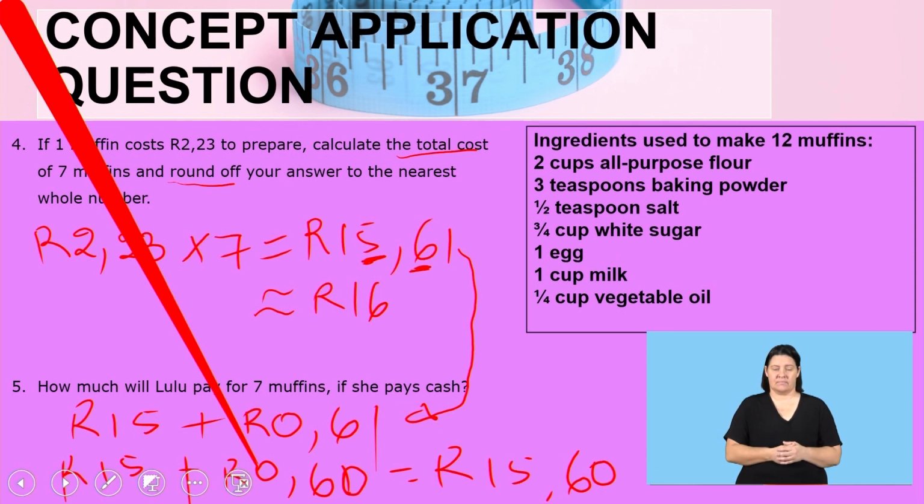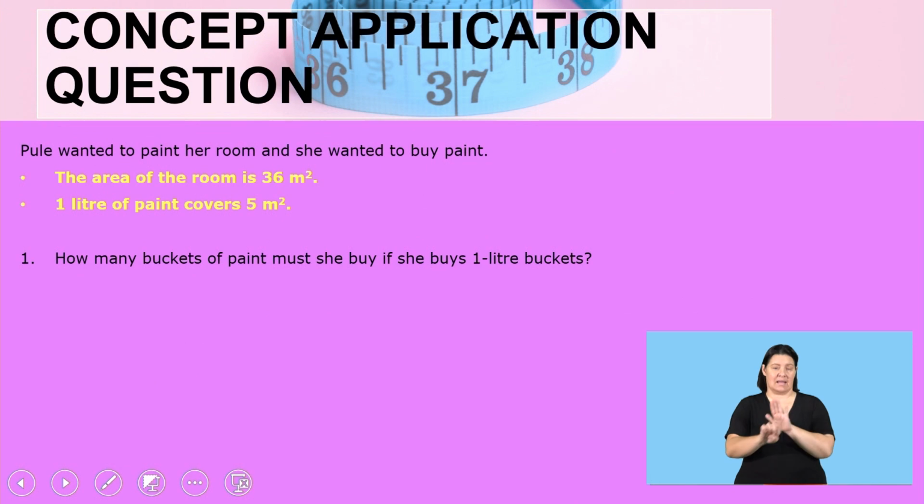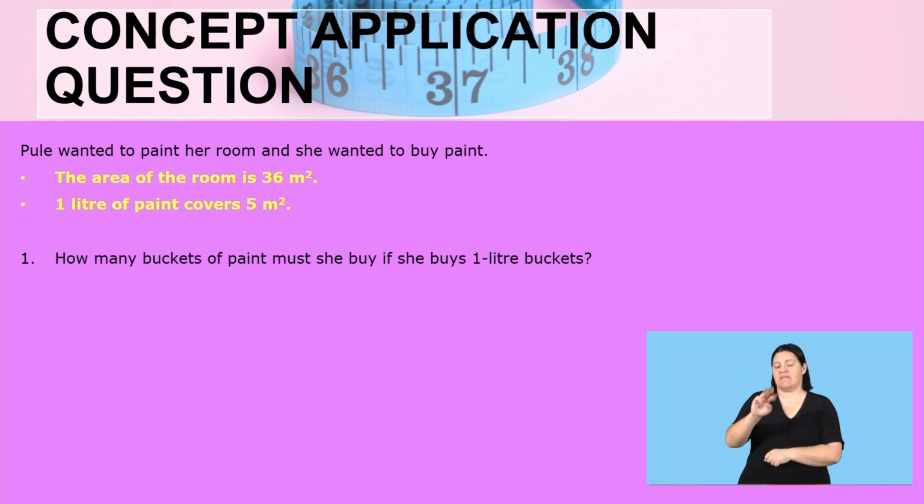Now let us have a look at the last example. Pule wanted to paint her room. She wanted to buy the paint. The area of the room is 36 square meters. 1 liter of paint covers 5 square meters. How many buckets of paint must she buy if she buys 1 liter buckets?